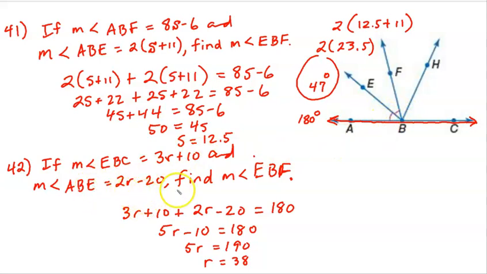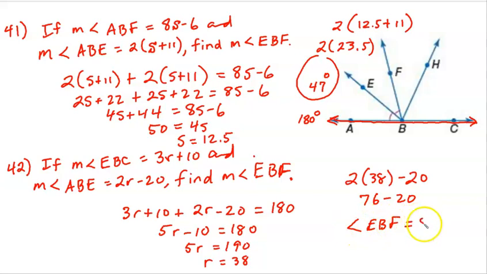So let's find out what ABE is, and then that'll give us the answer for EBF. So substitute 38 in for r and simplify. So 2 times 38 is 76 minus 20. So angle EBF is 56 degrees.